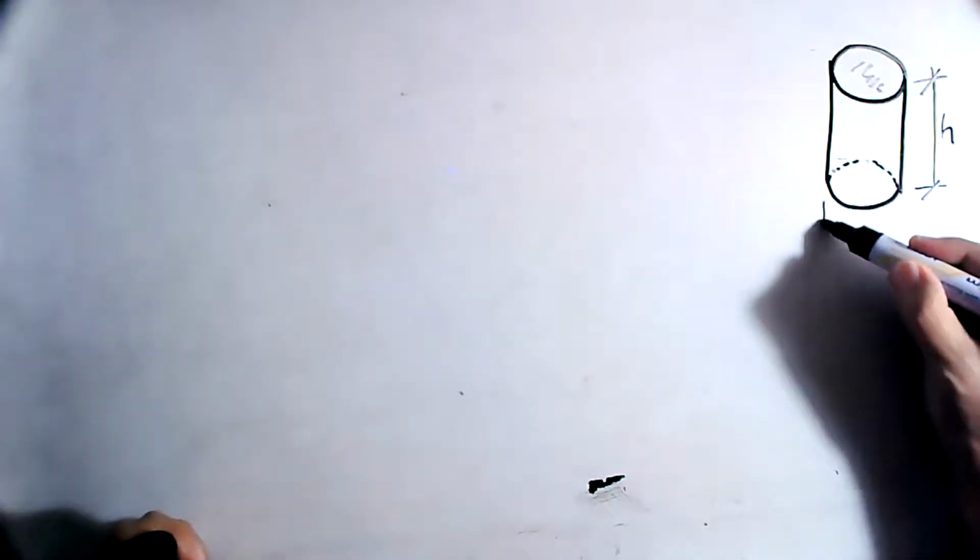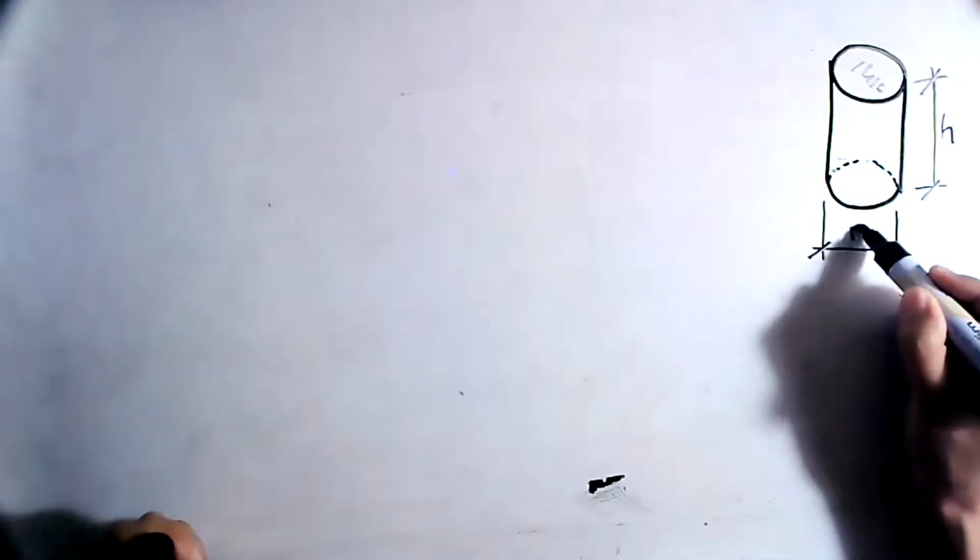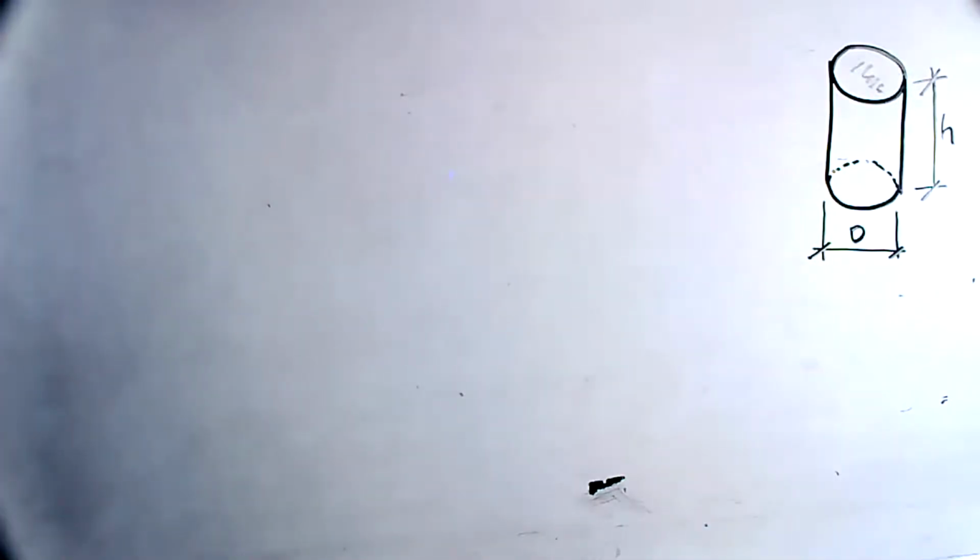in meters? So we are given here a cylindrical boiler. That means we are going to make use of the volume of the cylindrical section. If this is the cylindrical boiler, we've got the height of the boiler here, which is denoted by letter H. And of course, the variable that we have to determine, which is the diameter of the boiler.